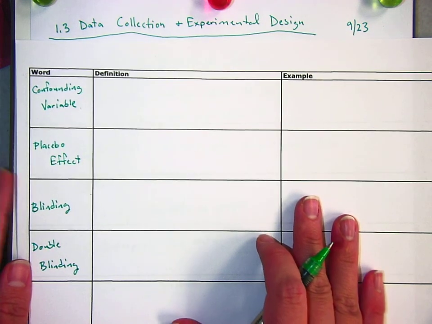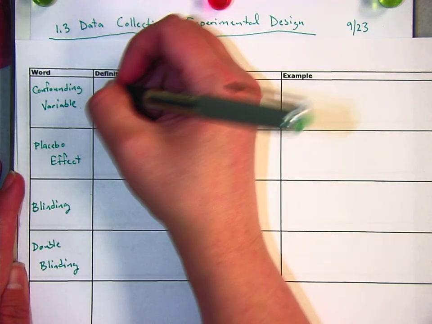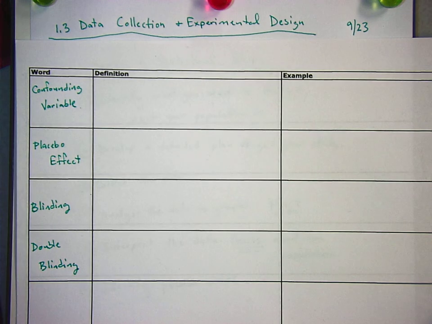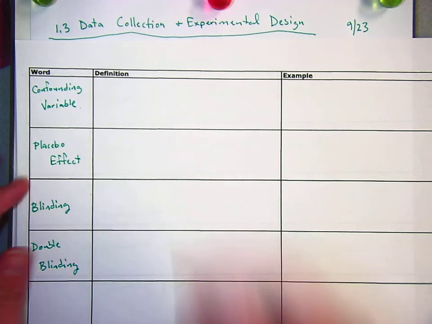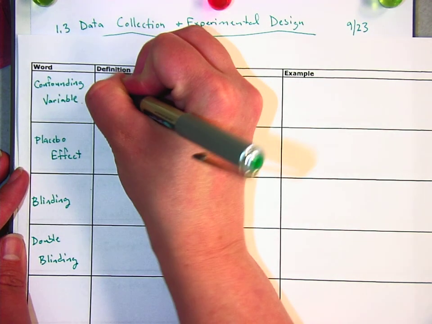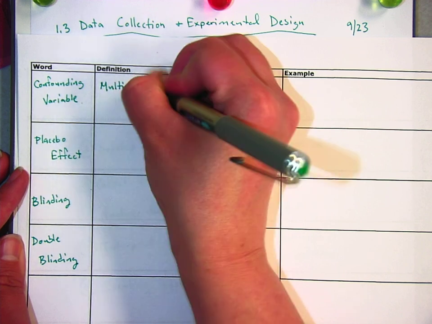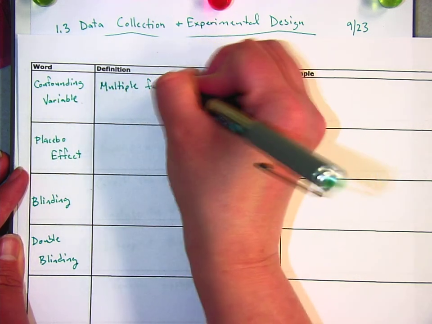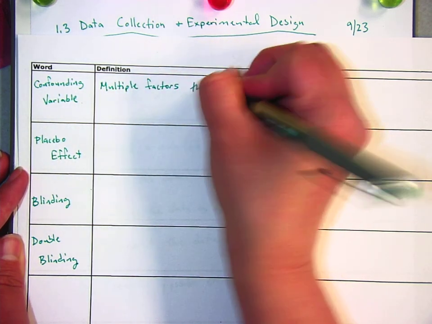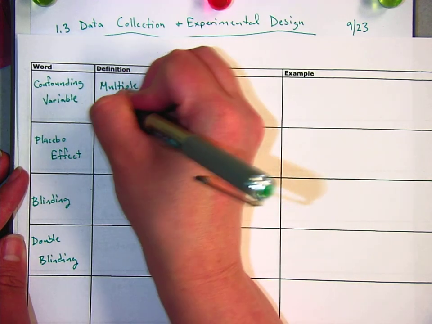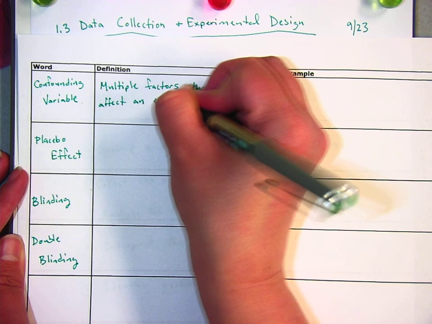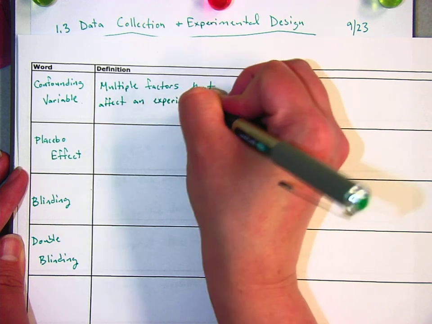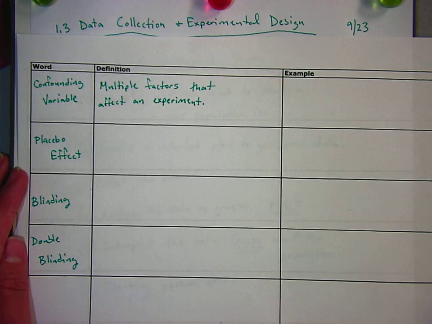Okay, so a confounding variable is when you have multiple factors that affect an experiment, and you really don't know what happened.